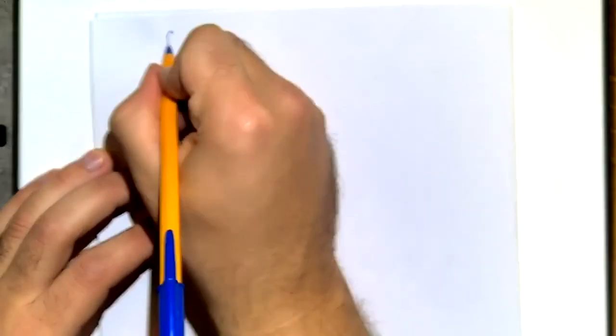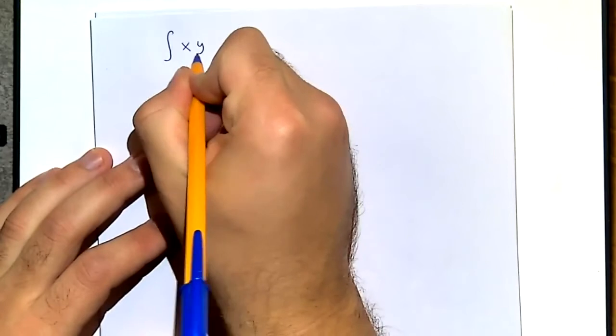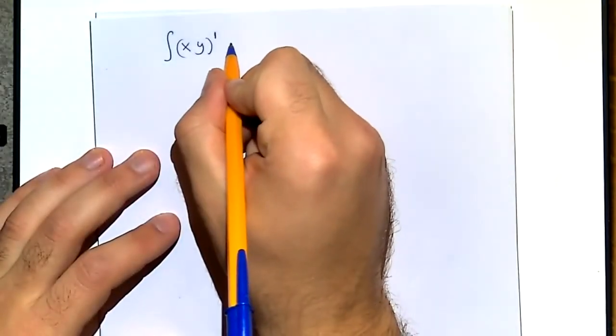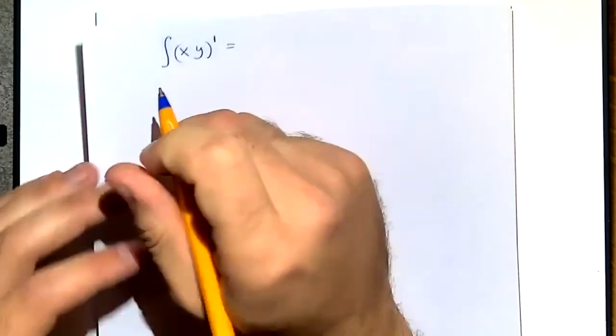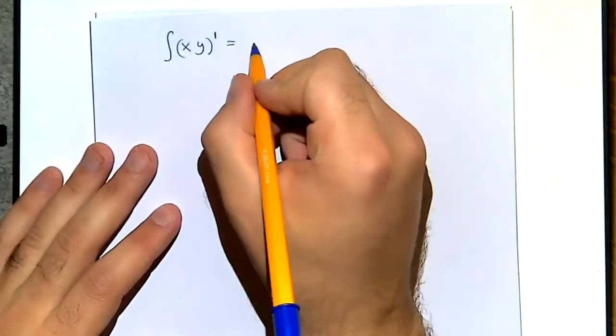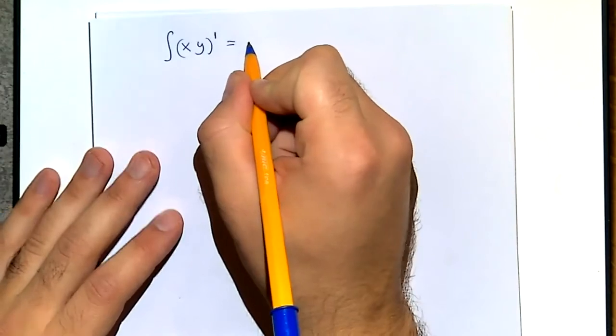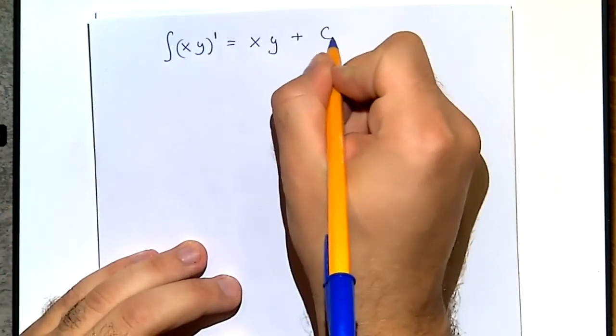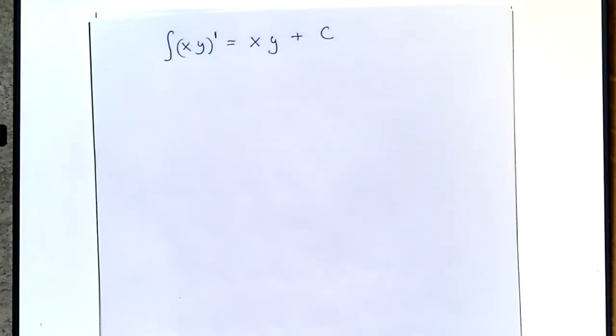Again, the logic was the following. My claim is that the integral of the derivative of xy, where x and y are just random functions, is equal to xy plus a constant. This is my claim.